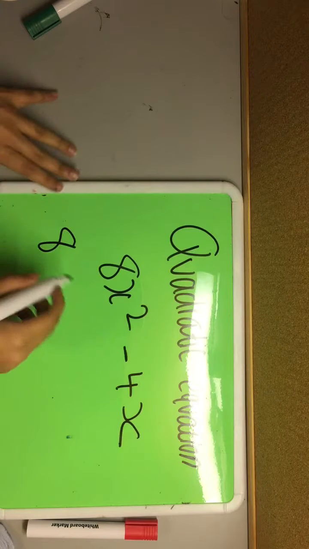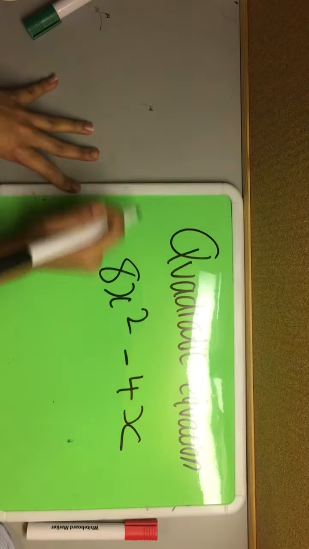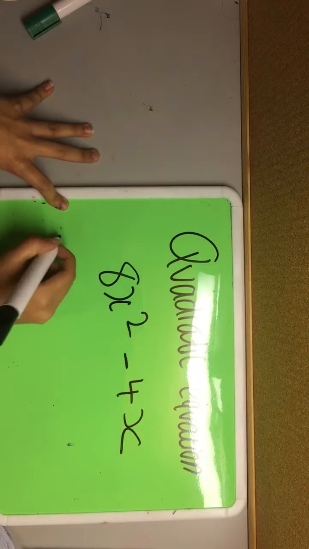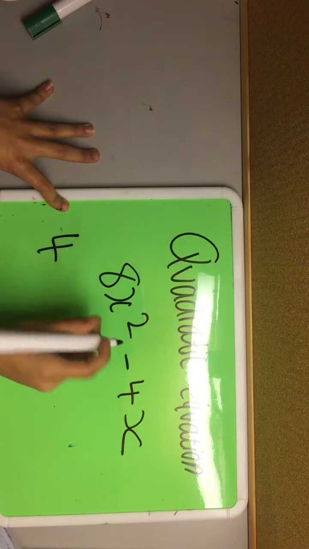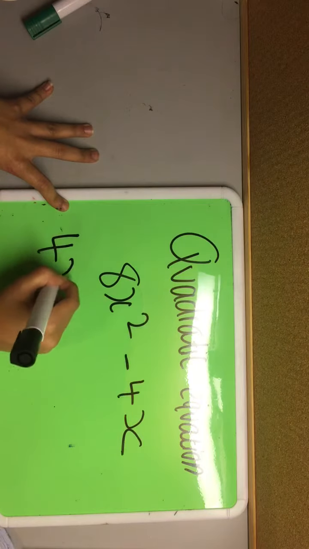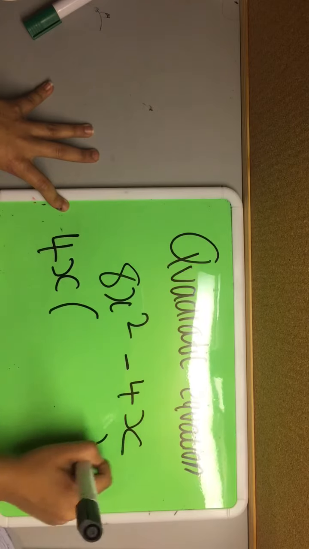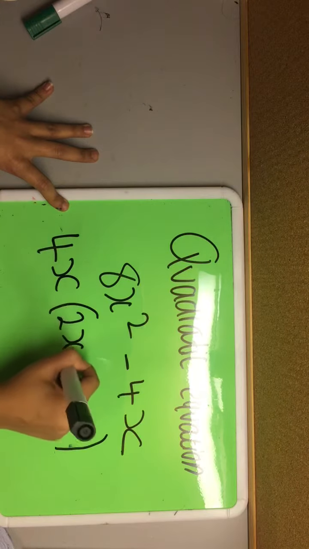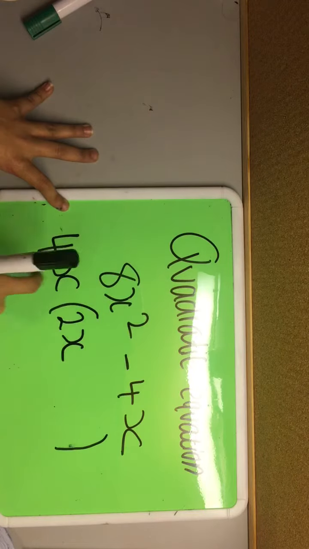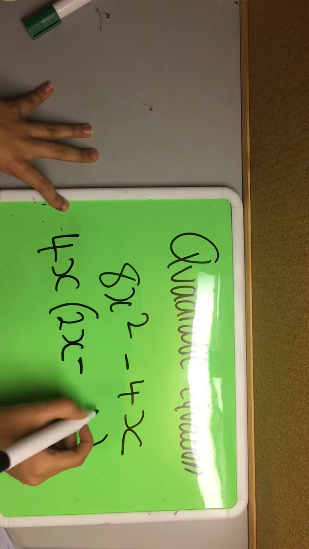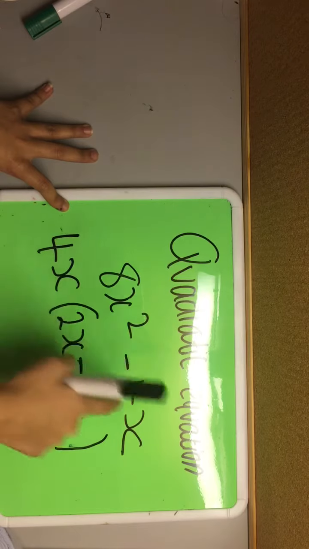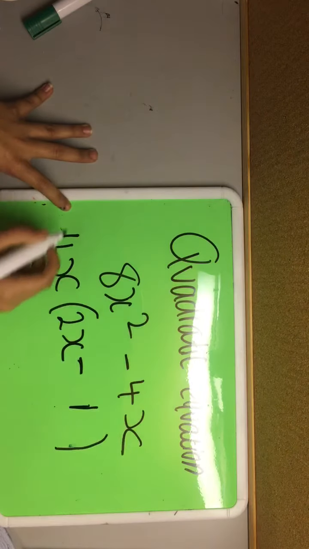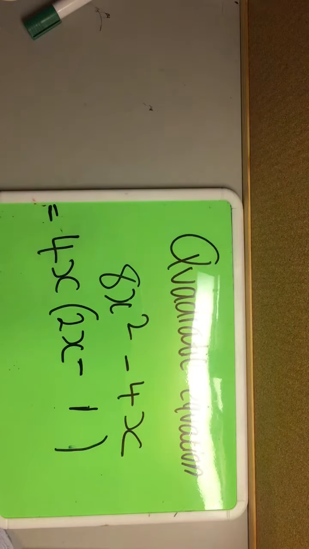The highest common factor is 4, and then there's at least one x in both, so 4x. Make up what's left, which is 2x, to make 8x squared, minus 1, because we already have 4x, but we need to make it minus 4x. So the factorized expression is 4x brackets 2x minus 1.